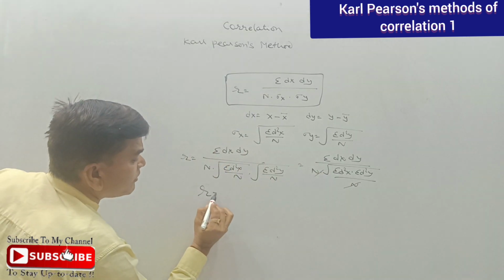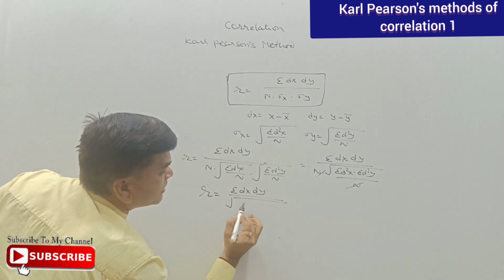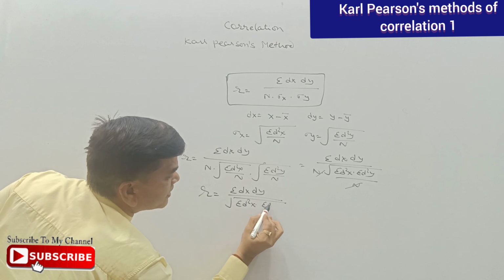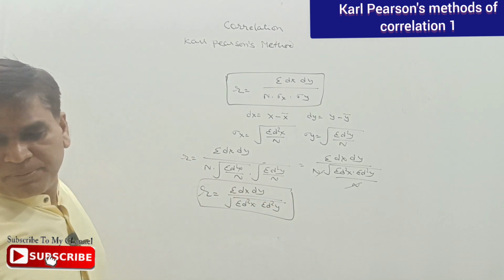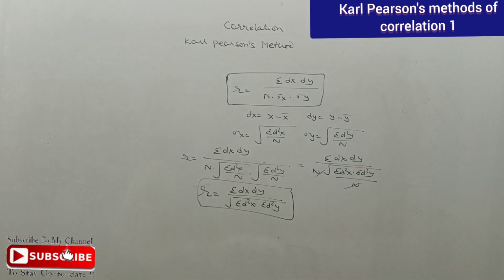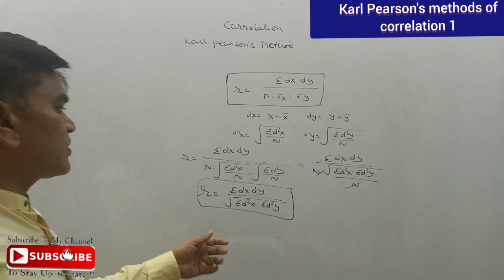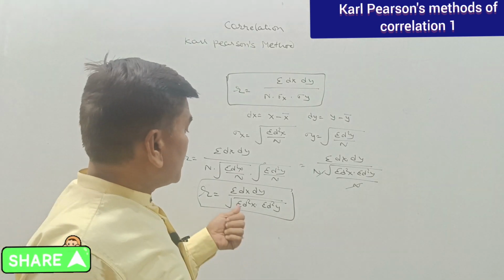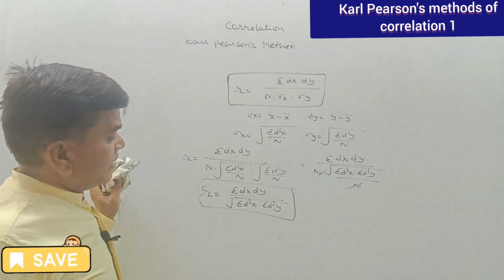So another formula is sigma dx dy upon the root of sigma d square x multiplied by sigma d square y. That may also be an important formula for calculating the Pearson coefficient. So r is equal to sigma dx dy divided by the root of sigma d square x sigma d square y. This is also a very important formula for calculating correlation.